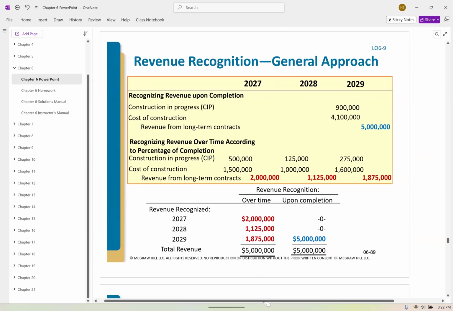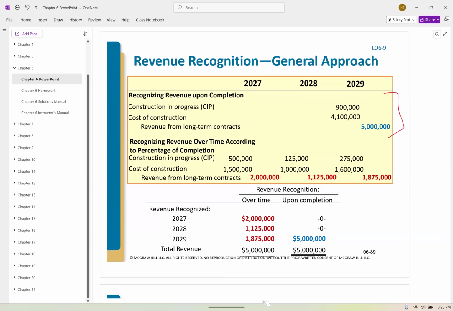If we followed the line in the sand, that would be the way we did it, but that still wouldn't give our users good information. Recording it as percentage of completion and recording some of the revenue along the way is a better alternative.